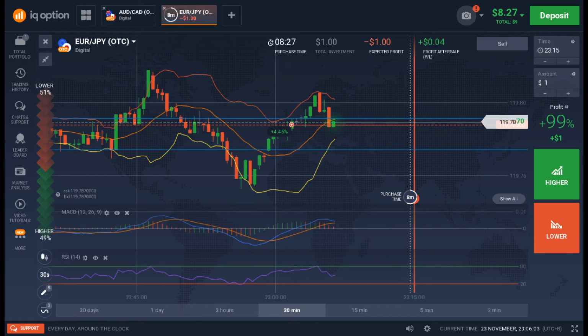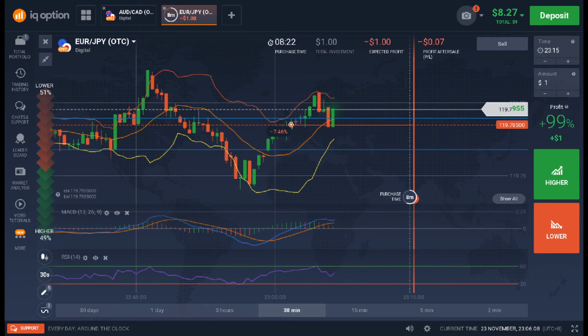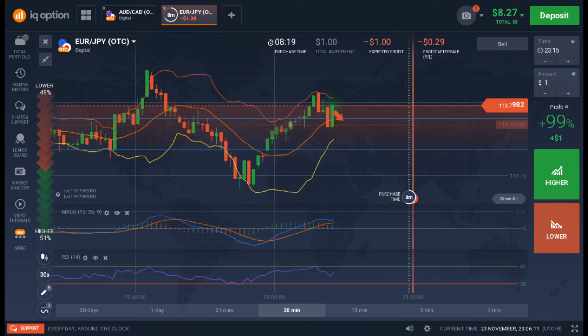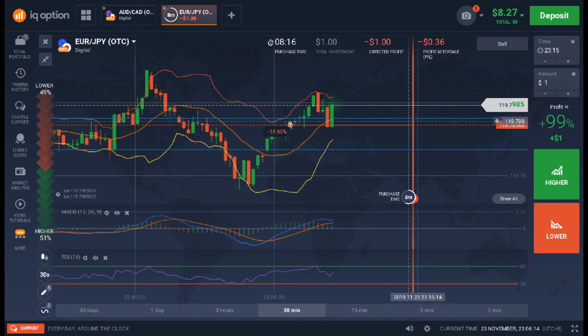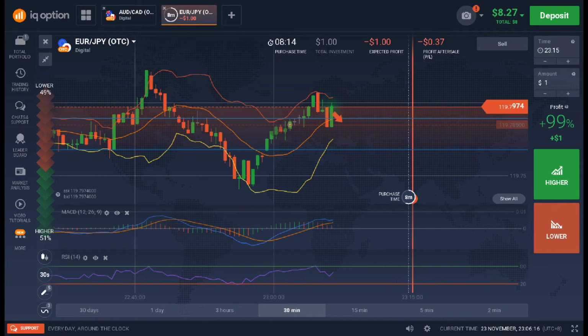3% gain. Your MA20 now becomes your possible entry. Okay, let's see that. It's fine. I'll just enter, because it might just go down again.